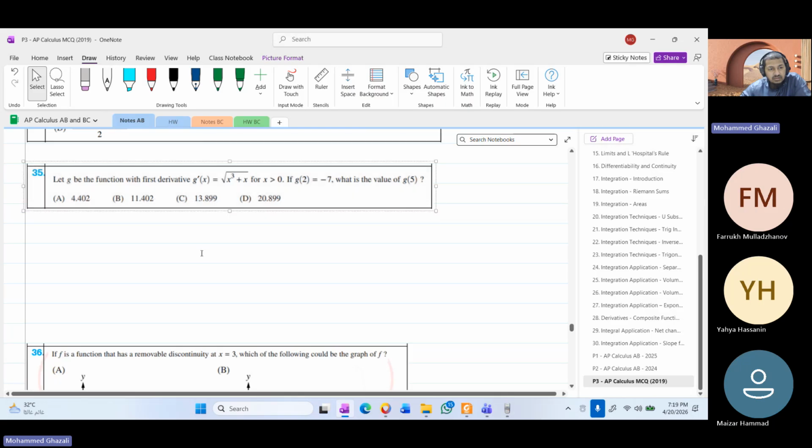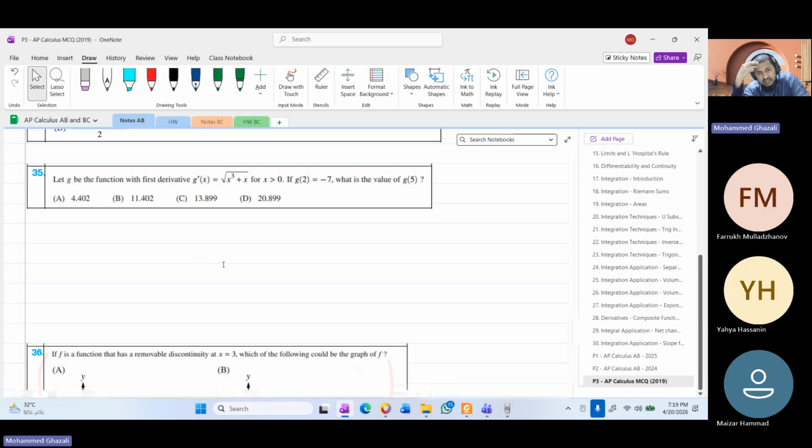Let g be the function with first derivative g prime of x equal to the cube root of x cubed plus x, where x is positive, and g of 2 is equal to -7. What is the value of g of 5? Okay. How are we going to find this? g prime x is equal to this.